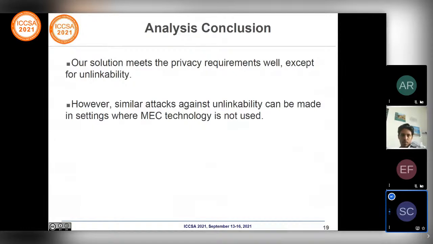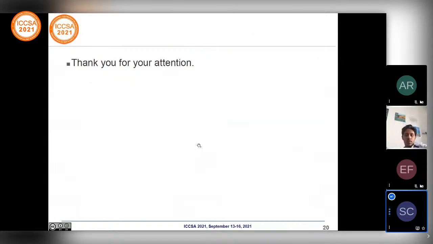So we cannot say it's fully fulfilled, but it's not something specific to the MEC technology or our system. Similar attacks against unlinkability can happen in settings where MEC technology is not used. And this is all. Thank you for your attention.